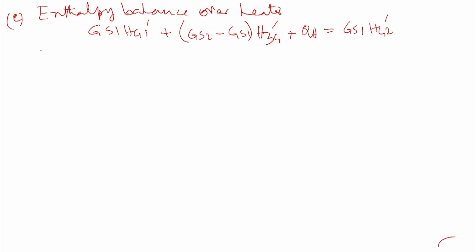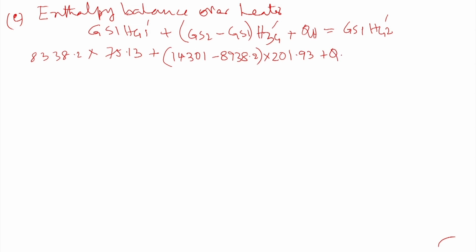We will be putting this: 8938.2 into the enthalpy value 75.13, plus 14,301 minus 8938.2 into 201.93, plus this QH we need to find out, is equal to 14,301 into 202.4.